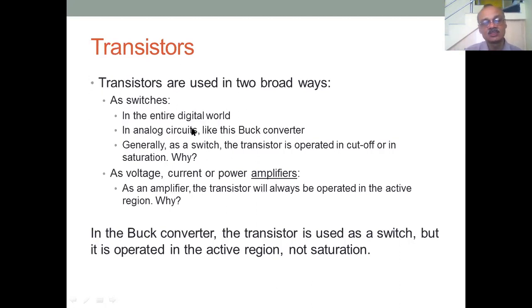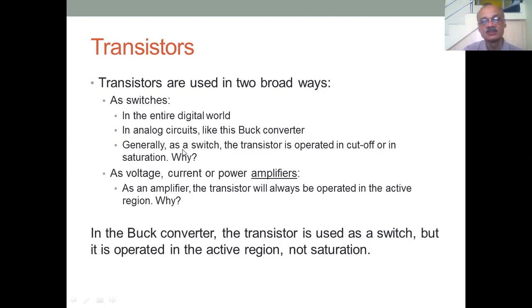In analog circuits also they are used as switches, and this example of the buck converter is one way that they are used as switches. Of course, this is a much smaller number if you try to think of the actual number of transistors used as switches in analog circuits. But as the buck converter shows, this is an important application.